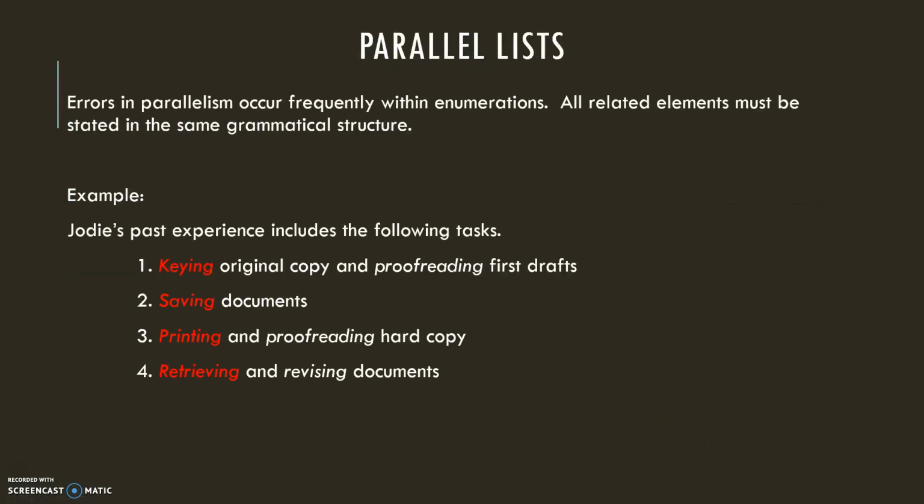Parallel list. Errors in parallelism occur frequently with enumerations. That's when you number things. All related elements must be stated in the same grammatical structure. Example, Jody's past experience includes the following tasks: keying the original copy and proofreading first drafts, saving documents, printing and proofreading hard copy, retrieving and revising documents.